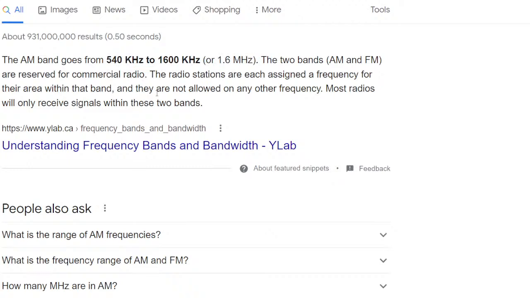So, what is that? The AM band is from 540 kilohertz to 1.6 megahertz, or 1600 kilohertz. This is the AM band.